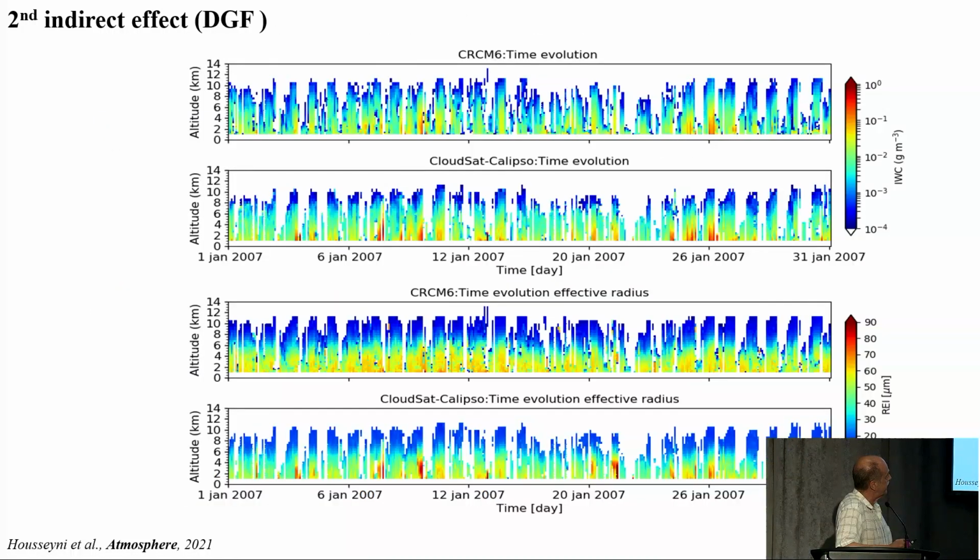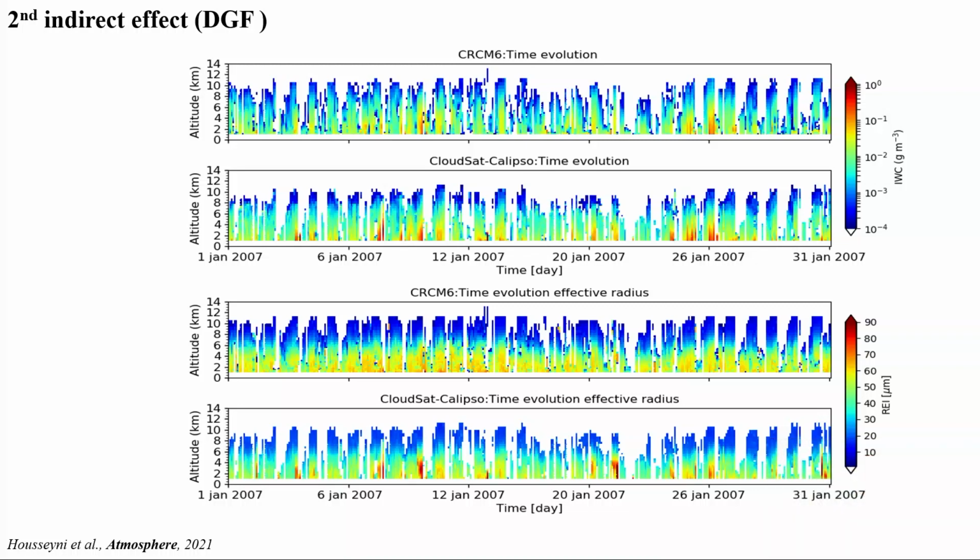These are profiles. The top graph, CRCM6, is the Canadian Regional Climate Model, version 6. These are simulations of ice water content of crystals, and the second topmost plot shows actual measurements of ice water content made by the CloudSat radar on board the A-Train with Calipso.